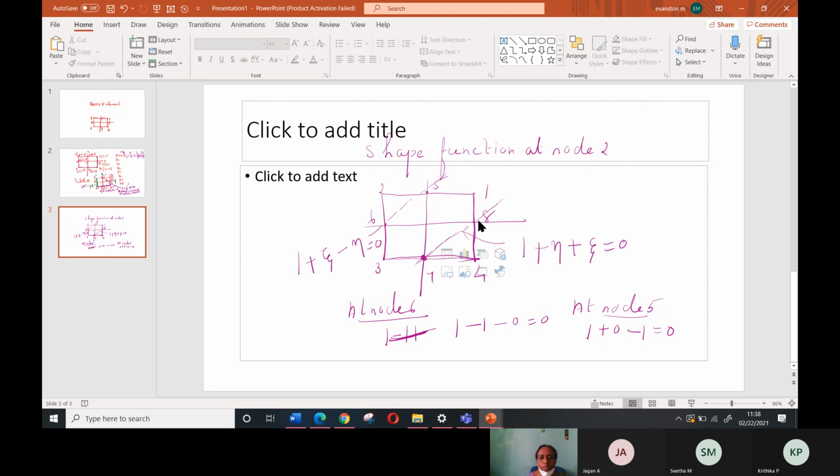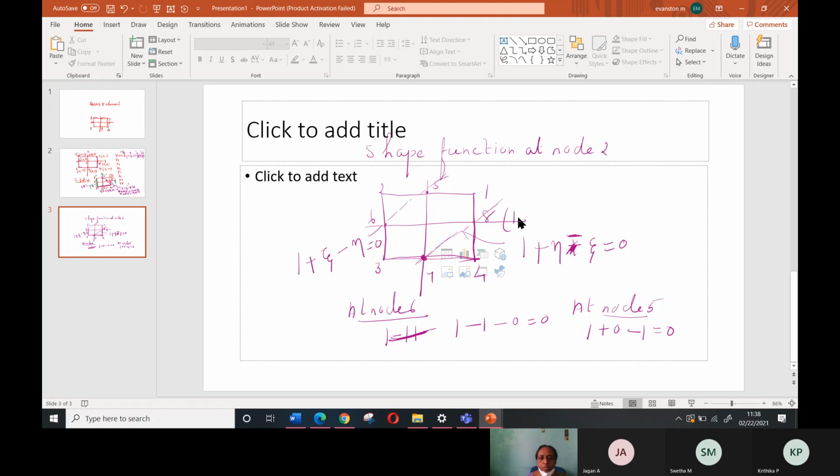When you look at this 8th node, you will have 1 plus eta, and xi, this is minus, not plus, this is minus. So at this 8th node, eta is 0 and xi is plus 1.